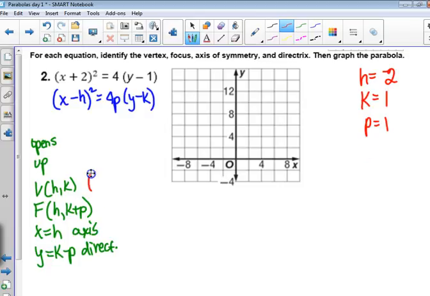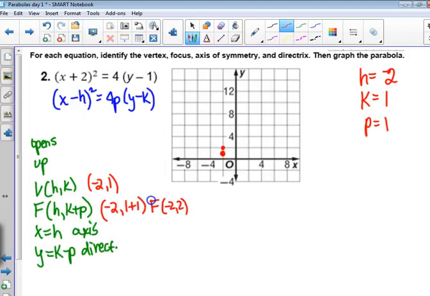So the vertex is -2, 1, which is here, I think, if we do the graph paper correctly. Everybody okay? The focus is 1 unit above that, or -2, 1 + 1, right?